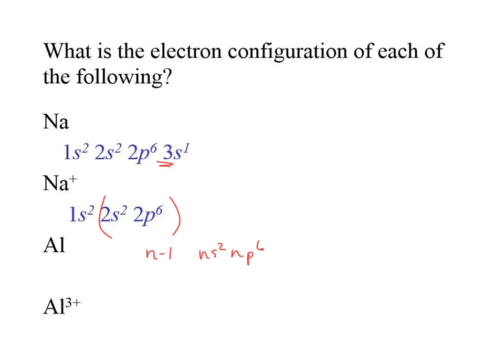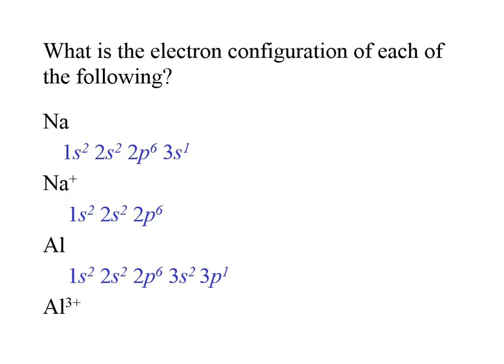Let's look at aluminum. Aluminum is atomic number 13. So a neutral aluminum atom would look like this: 1s2, 2s2, 2p6, that gets you up to 10 electrons, and then 3s2, 3p1, so that's 13 electrons.